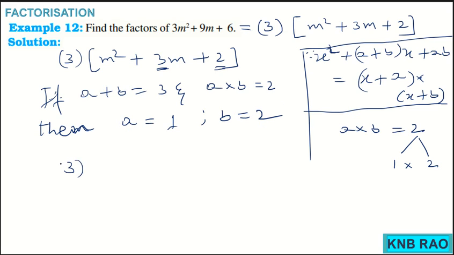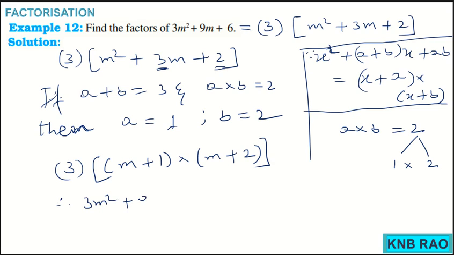Now 3 into this m square plus 3m plus 2 can be factorized as, here the variable is x, then x plus a comes. Here the variable is m, so m plus a, where a is 1, into m plus b, where b is 2. So therefore the given algebraic expression 3m square plus 9m plus 6 can be factorized as 3 into m plus 2 into m plus 1.